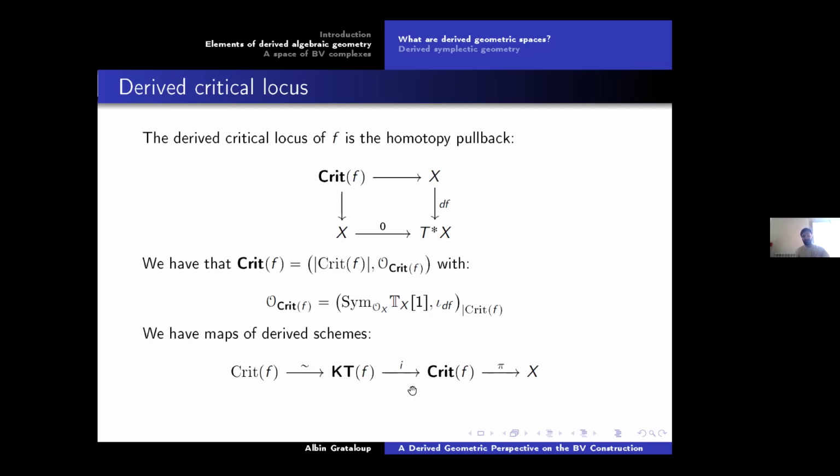And this typically will not be an equivalence, because this is why we add the Tate terms: we need to cancel lower homology. Whereas if you don't add the Tate terms, you will have lower homology. So this cannot be an equivalence in full generality. And you have the natural map to X, which is just the inclusion of the derived critical locus inside X in some way.